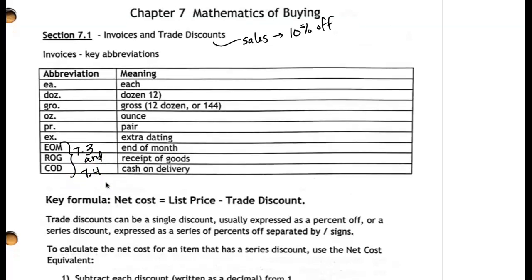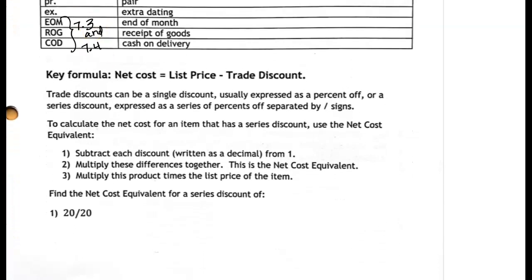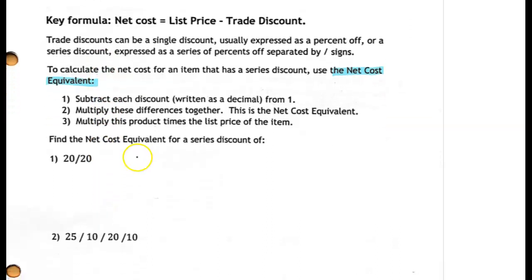One thing that we're going to start with is calculating a net cost equivalent. A net cost equivalent is one of the first things that you're going to need to calculate when you want to calculate a sale price. Okay. So to get started, what we want to do is calculate the percent to pay.